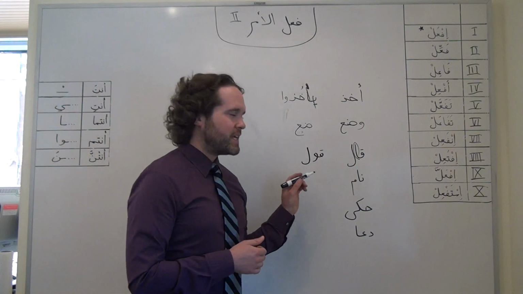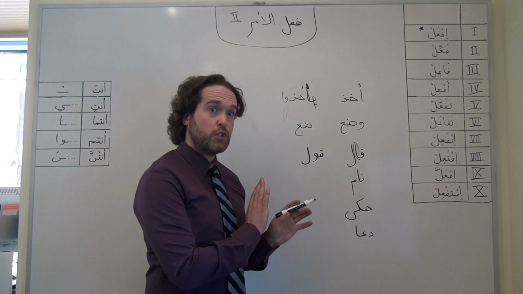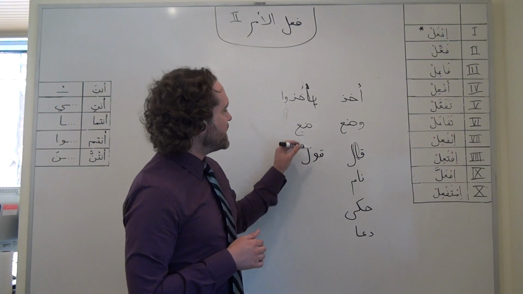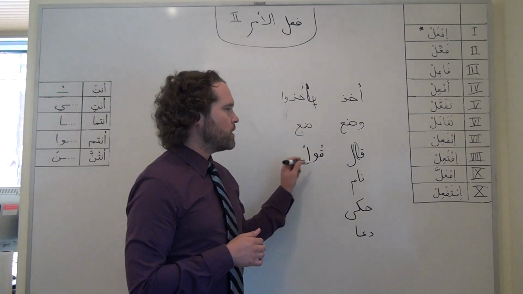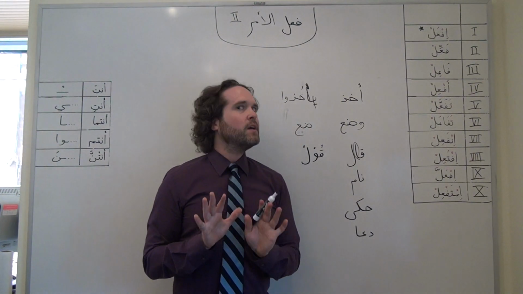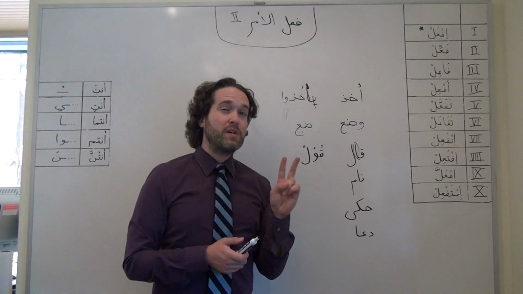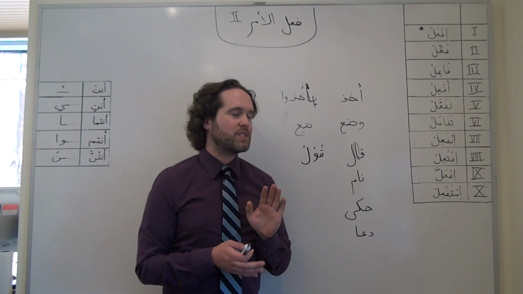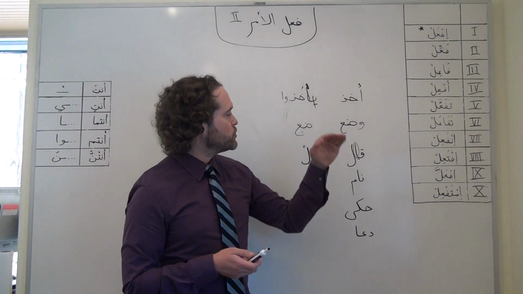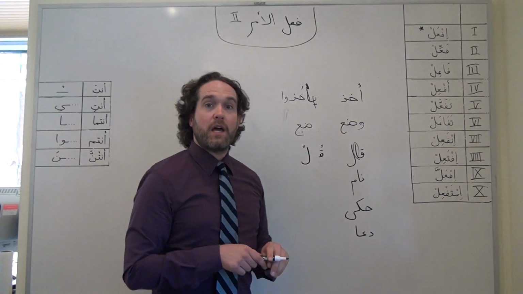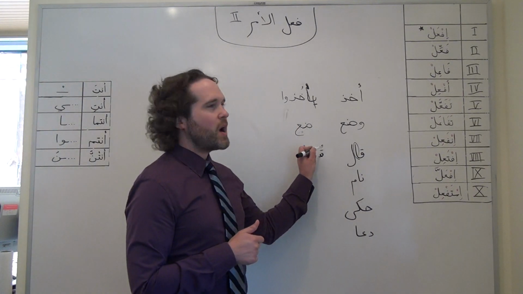Because this verb is based off of the majzoom, the lam is going to have a sukoon on it, and the qaf is going to have a dhamma, leading into that waw, but then the waw has a sukoon too, and in formal Arabic, we have a rule that we can't have two consecutive letters right next to each other that both have sukoon, so something has to give. And the solution is that we just drop that waw. We retain the sound of the waw in that dhamma.